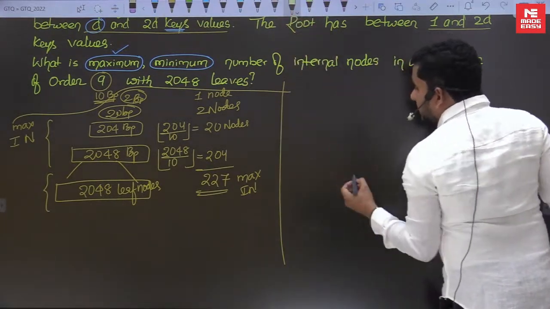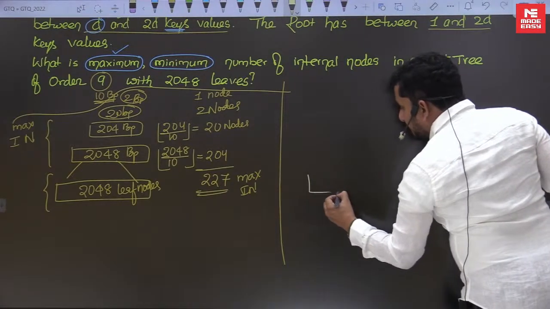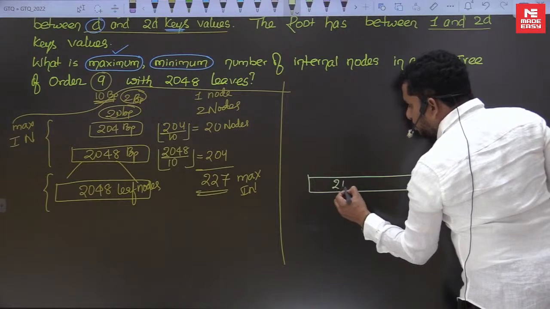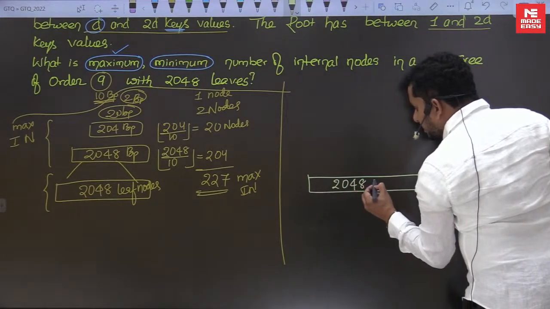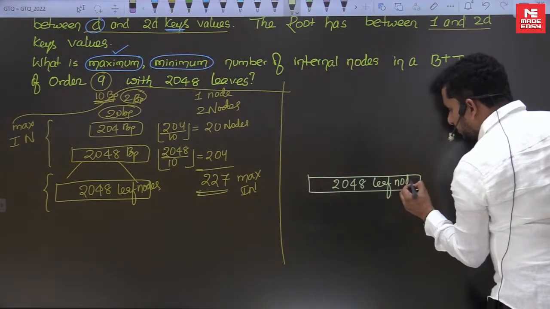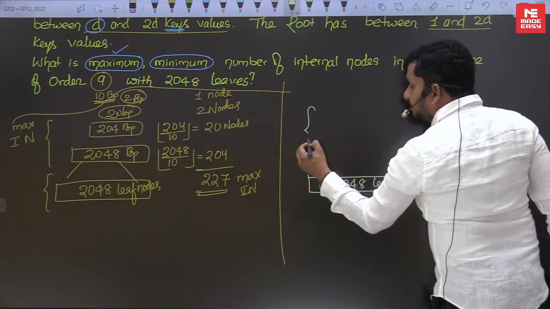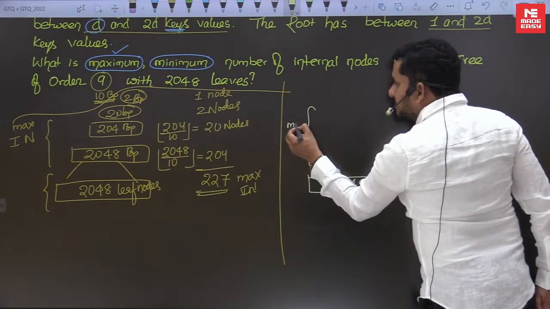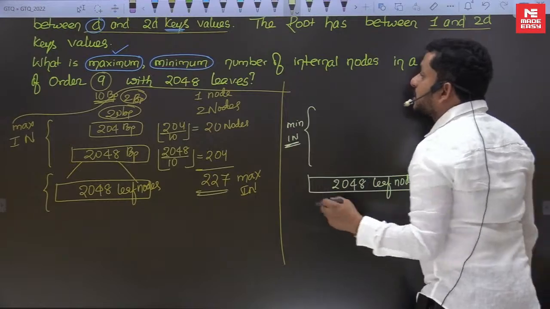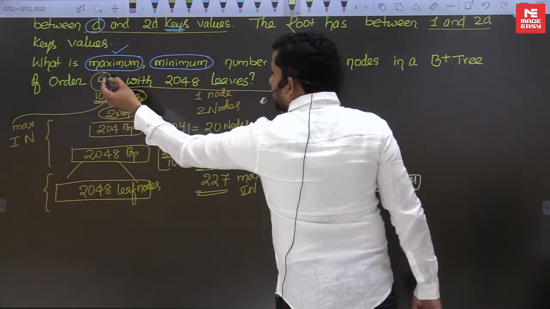Now let's come to the minimum internal nodes. Then 2048 leaf nodes. We need to design a B plus tree with minimum internal nodes. Minimum internal nodes means we need to take the maximum filling factor.